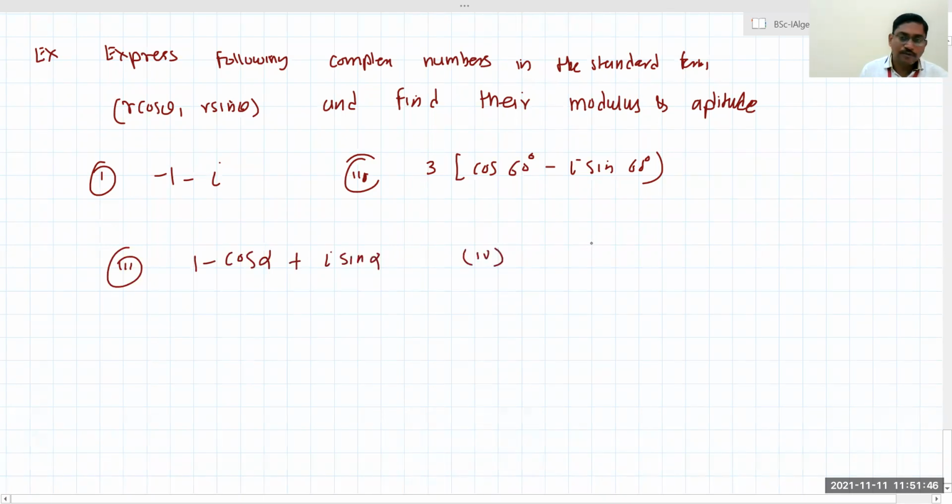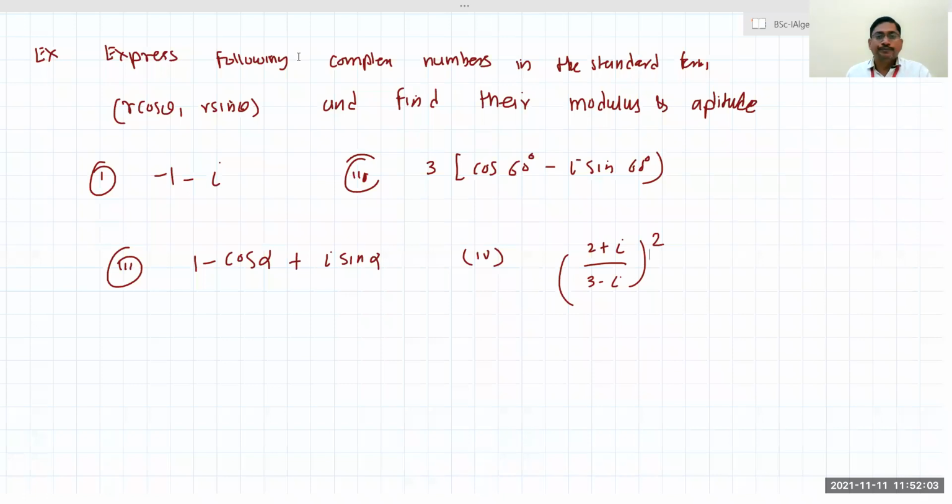Fourth one, 2 plus i upon 3 minus i, whole square. First rationalize this and then square it. Try to solve these 4 problems. Try to solve yourself. Take a screenshot of this problem.